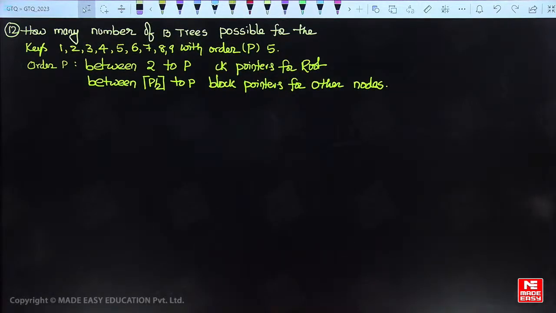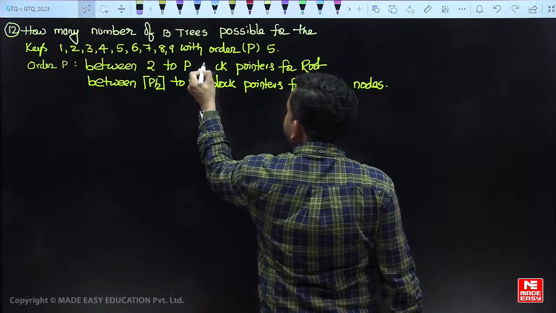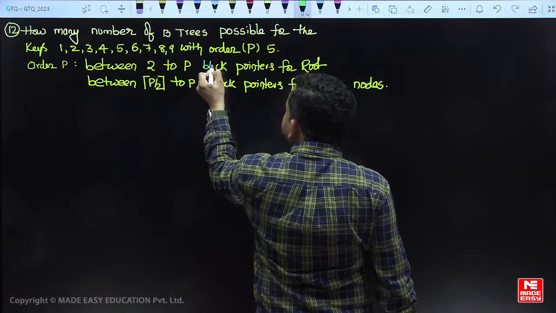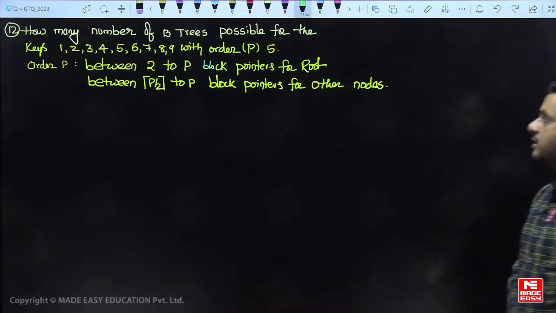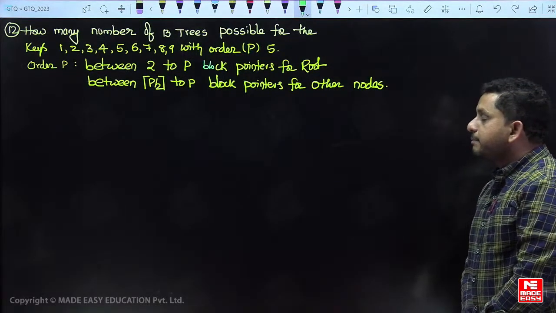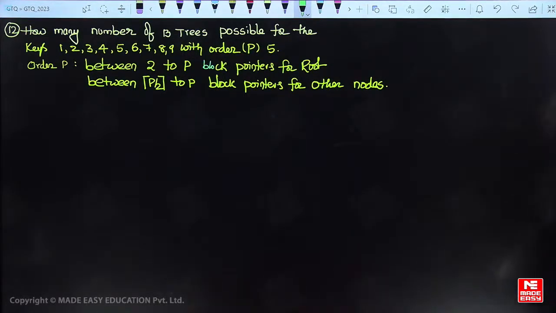Now, how many B trees are possible for 9 keys? 9 keys are given. How many B trees are possible, where order P is 5? It is between 2 to P block pointers for the root node, and between P by 2 ceil value to P block pointers for other nodes.